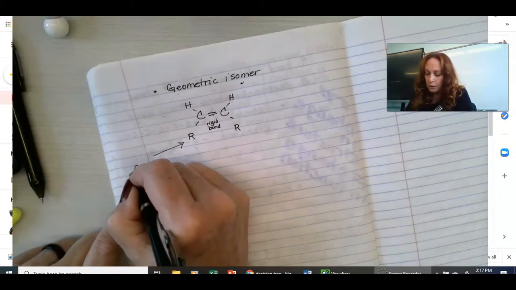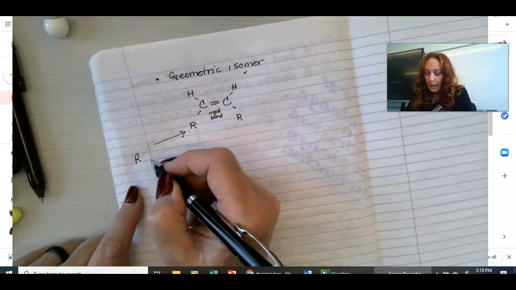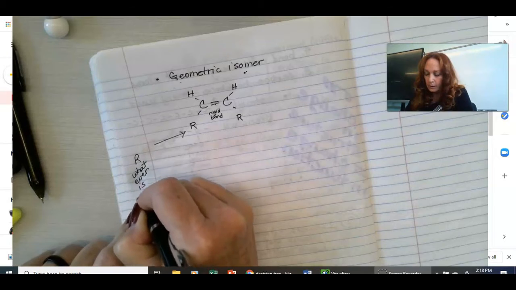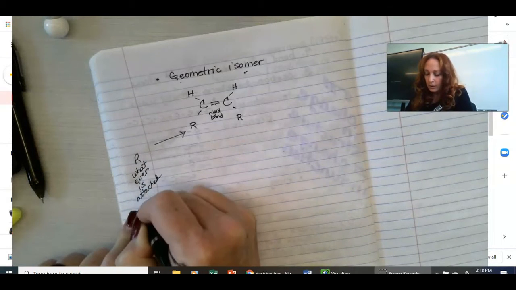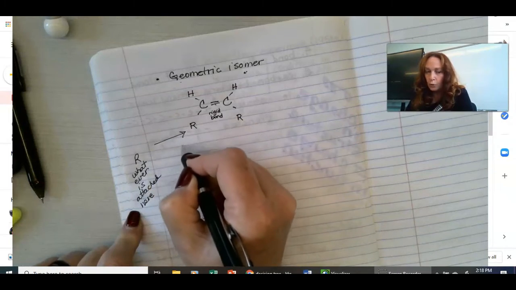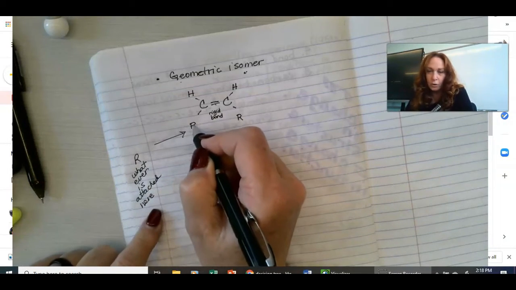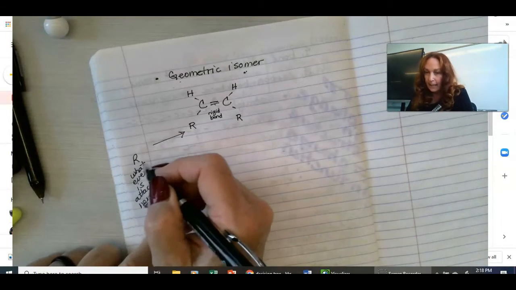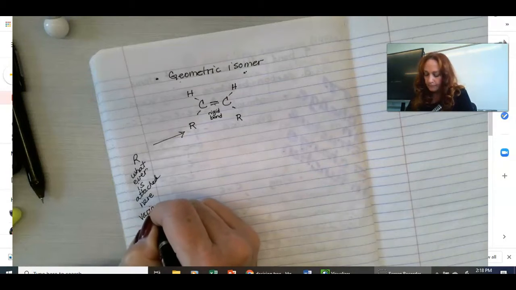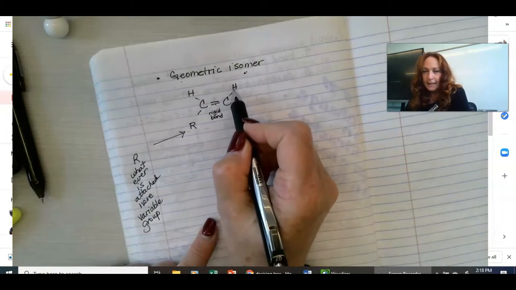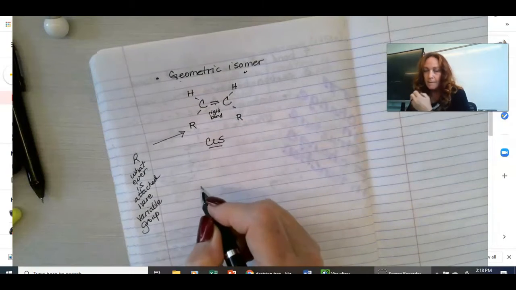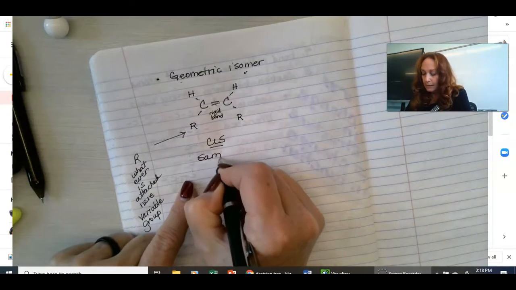R is just a shortcut way to say whatever is attached here. Some group is attached here. We call it an R group because we don't know what it is. Some group, a variable group, is what this is technically called. If these are on the same side, this is called cis. Cis means same.